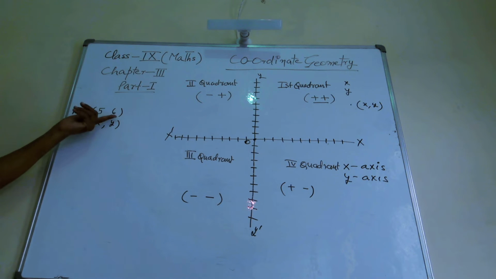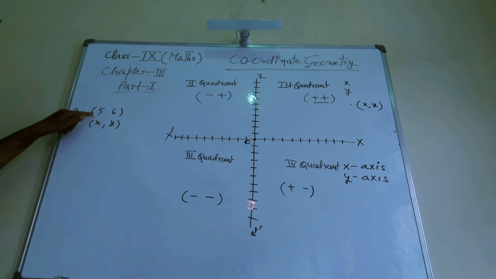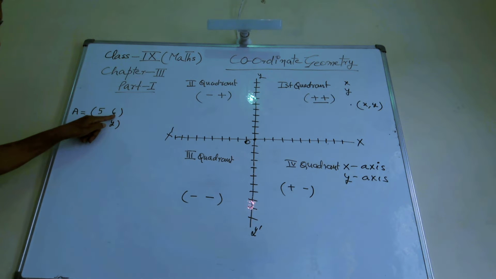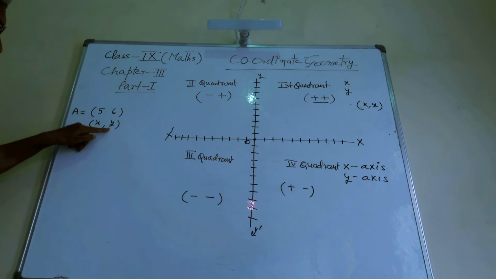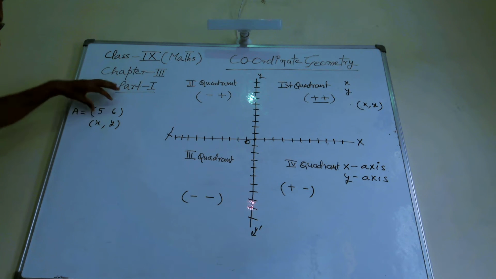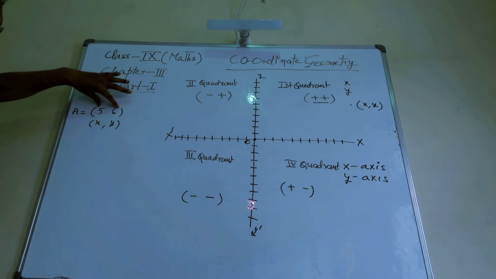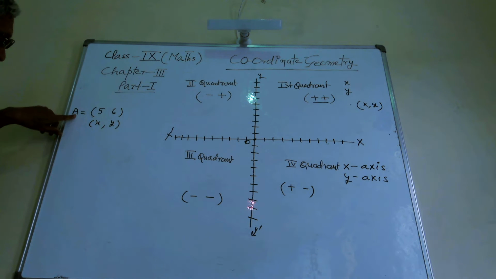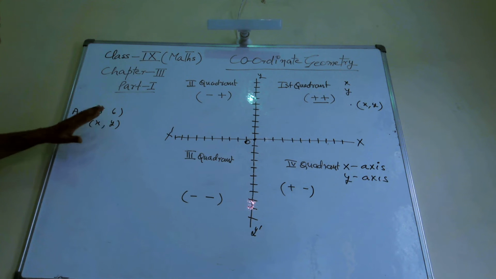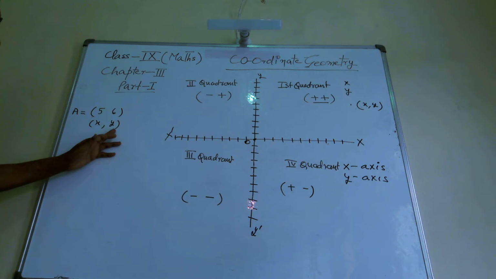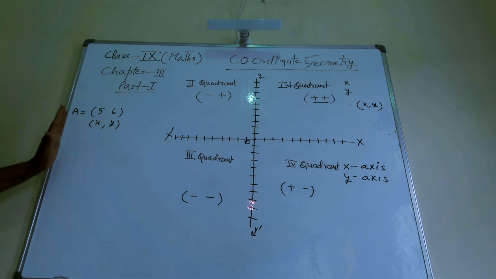There are two coordinates, x and y. This is the abscissa, this is the ordinate. Abscissa is x, ordinate is y. These are the coordinates of this point A, and the first is x and the second is y. Never write yx. No, x and y.